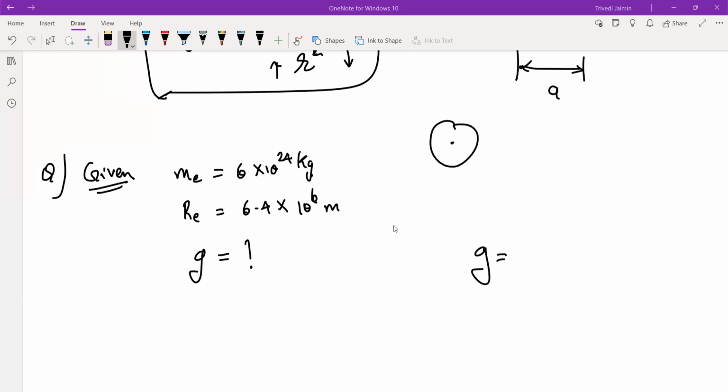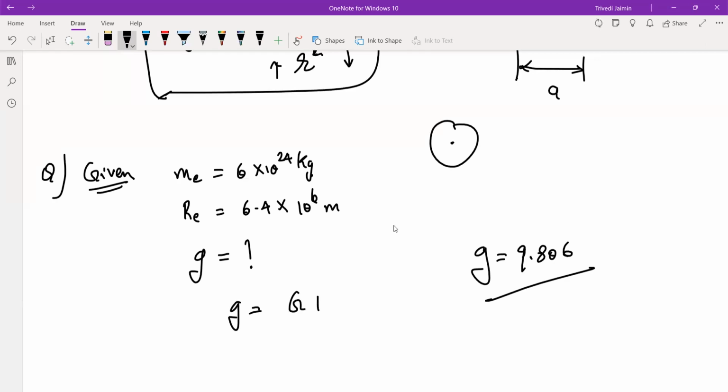Yes, sir. Any other option? Anyone got 9.807? One small doubt. When calculating, we should use 9.8 unless they say we have to use 10, right? Yeah. Okay, sir.